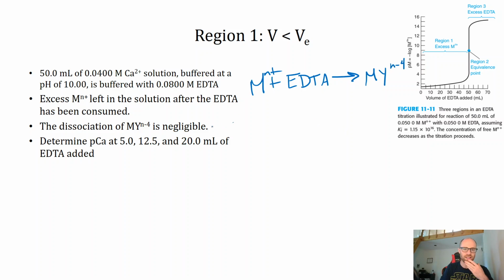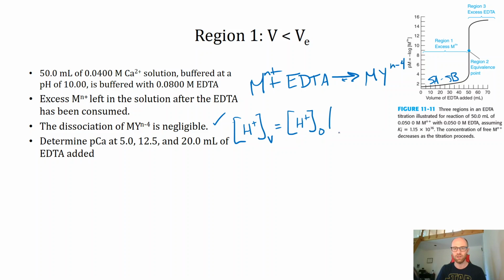So we're going to say that the dissociation is negligible. If anything, there's that tiny amount, but we're going to call it 0 to save ourselves a headache. Which means if we're doing it that way, that's strong acid, strong base, like I said. And in a strong acid, strong base process, we had said before that the amount of H plus or OH minus at any given volume is equal to your H plus at initial times a percent remaining.